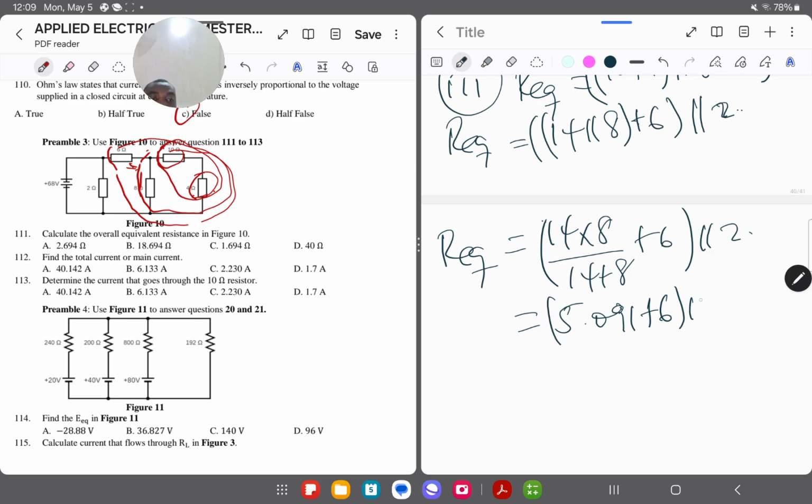Now again, we know this will be parallel with 2, so plus 6, and then we get 11.091.